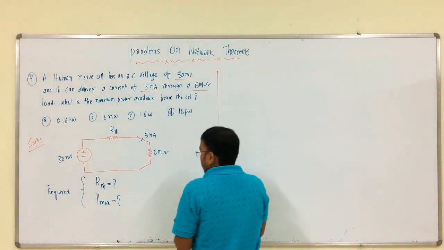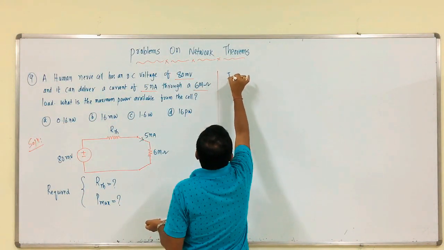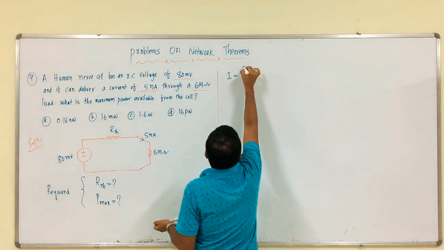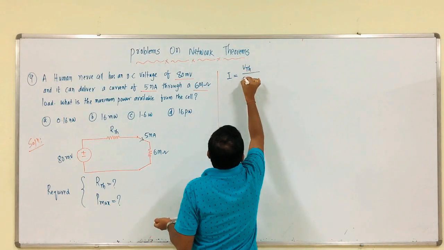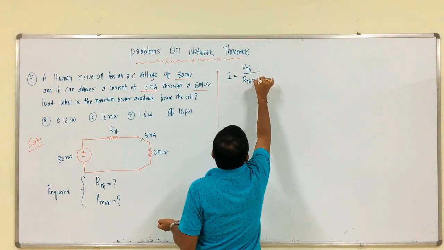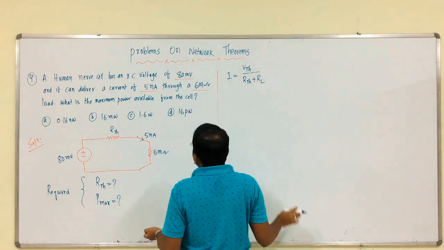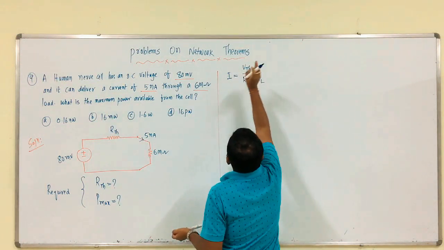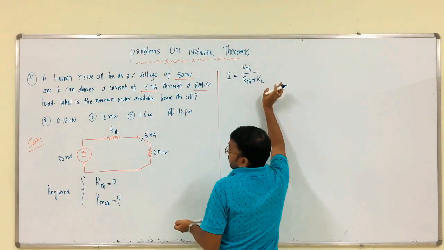We all know that the current through the load by using Thevenin's theorem is nothing but VTH by RTH plus RL. We know every value except RTH.